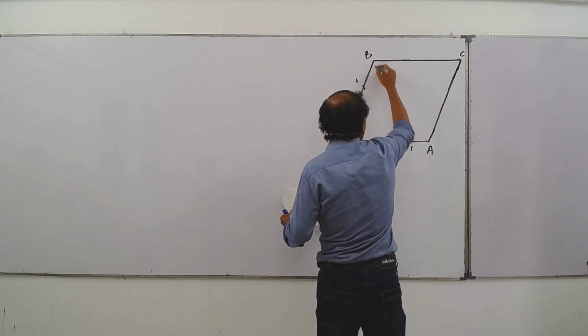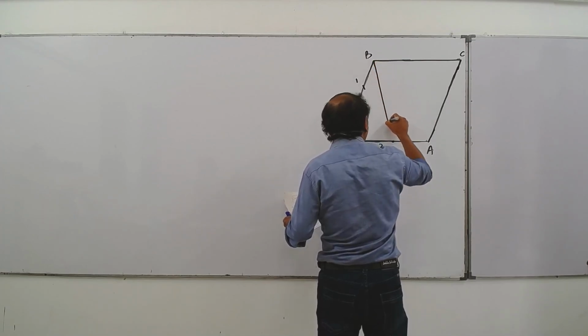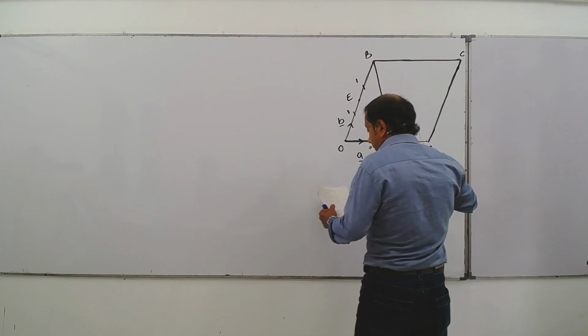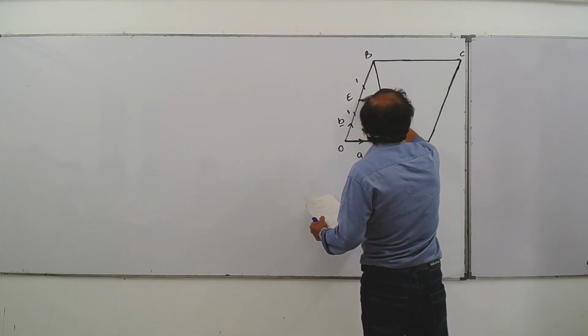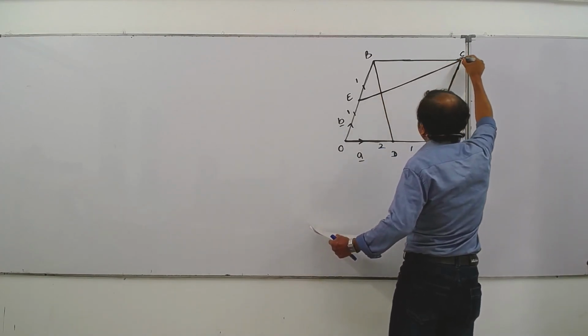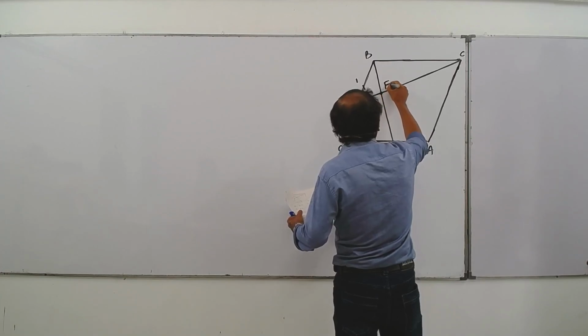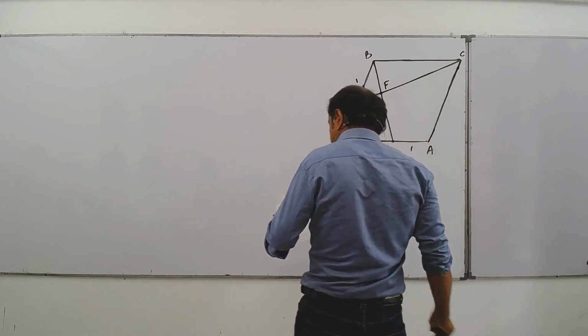BD we can join like this, and CE. They meet at the point F.